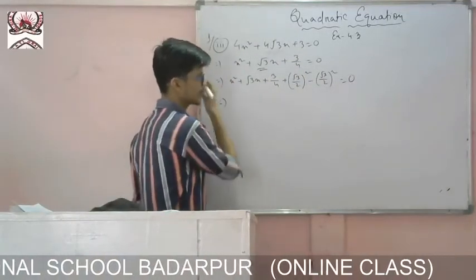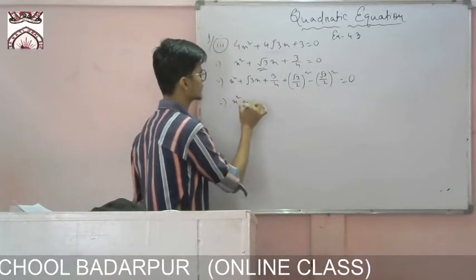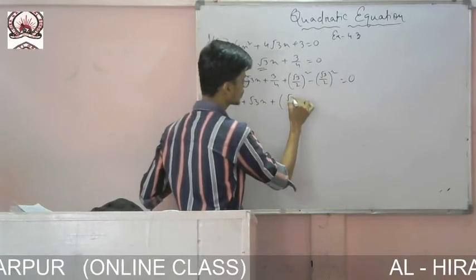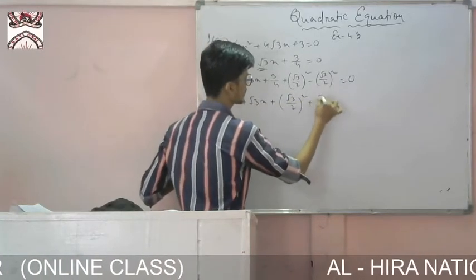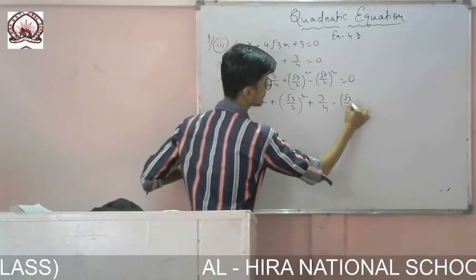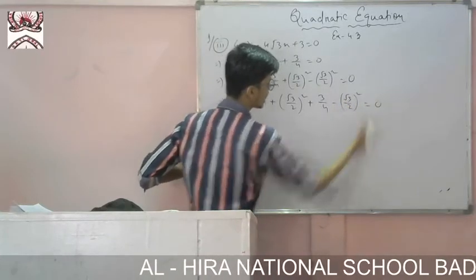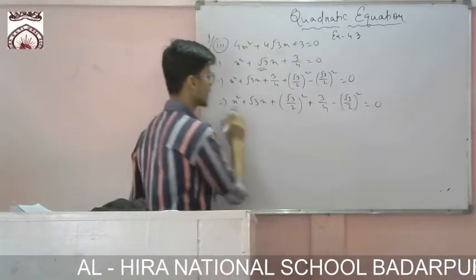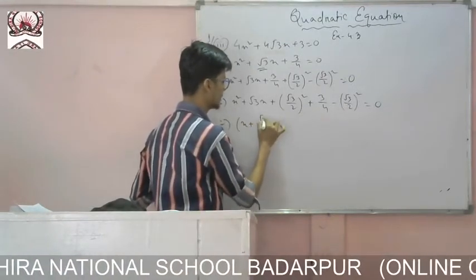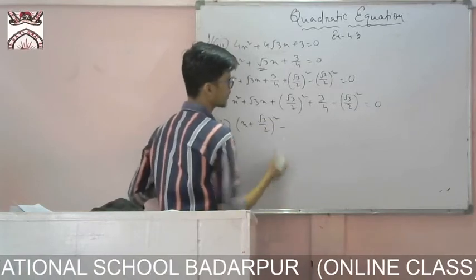So x it will be like this. I have to arrange it first of all. Root 3x, this one I will bring here, so it will be x plus root 3 by 2 whole thing square. 3 by 4 will go there and minus root 3 by 2 whole thing square equals to 0. I have rearranged them. Okay, so now this one becomes a formula, a plus b whole thing square, and that one I will solve.